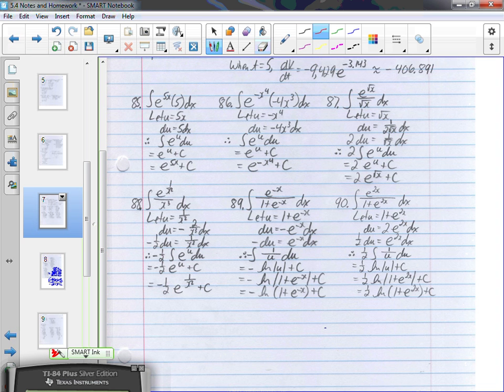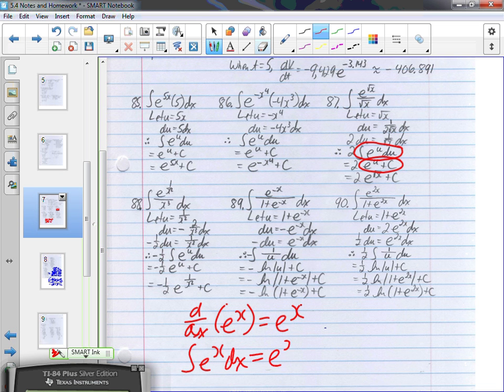Well, because the integral of e to the u du is e to the u plus c. Here's the way it works. The derivative of e to the x equals e to the x. Therefore, the integral of e to the x dx equals e to the x plus c.